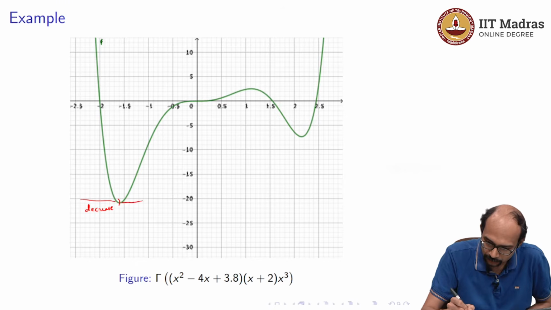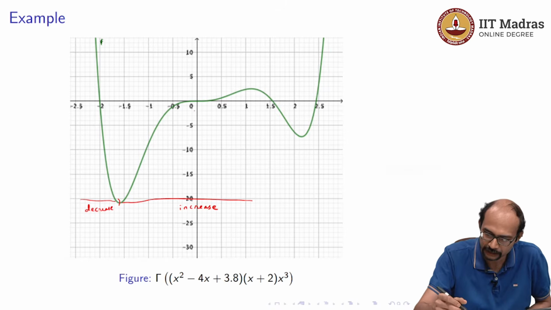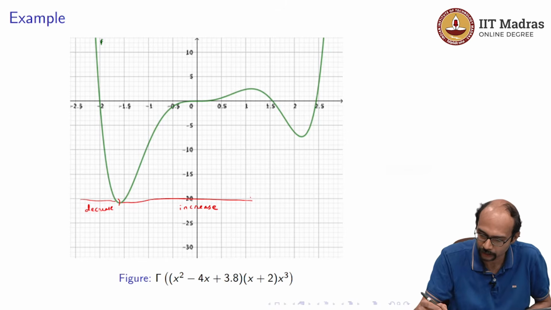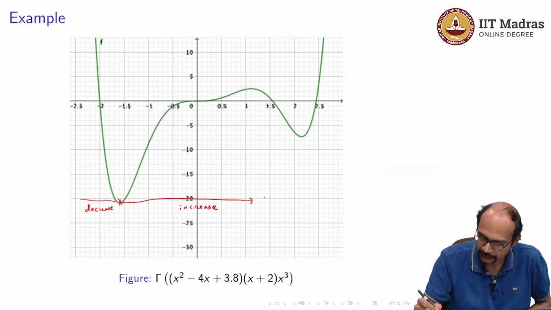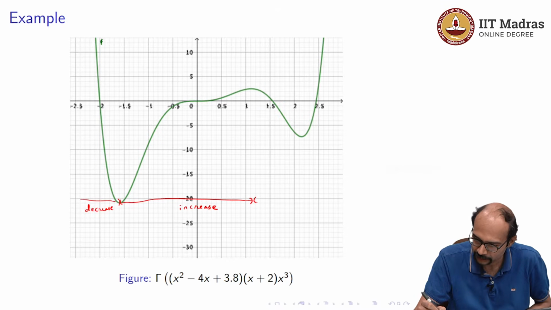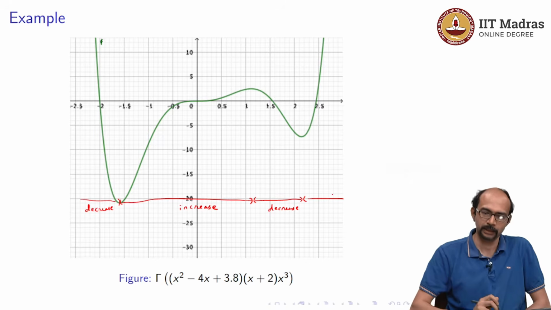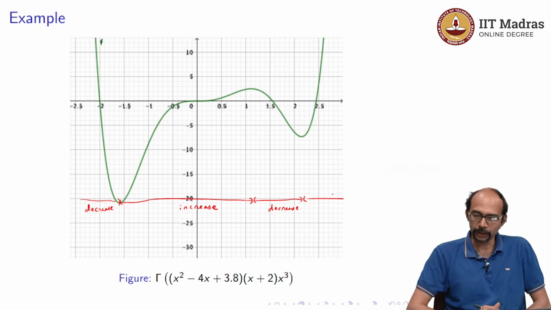Then after this, until approximately here, is an interval of increase, although in the middle there is something strange happening close to 0. After this, again there is an interval of decrease till about here, and then again we have increase, and it probably increases all the way beyond this.